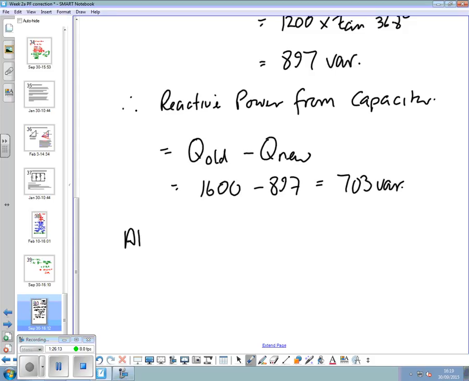Also, QC, we could also calculate that from E squared over XC. It's one way to calculate that reactive power.